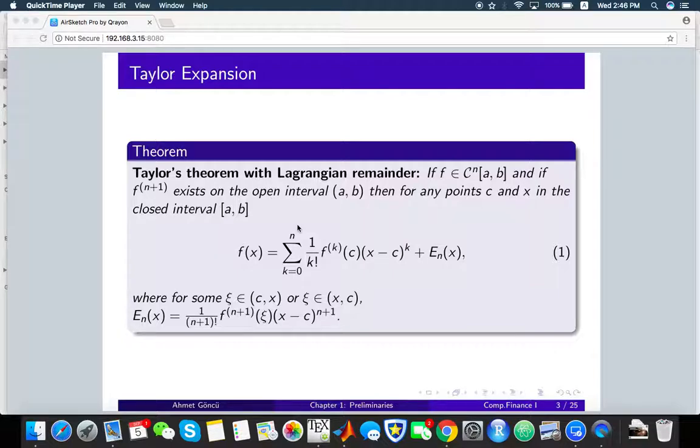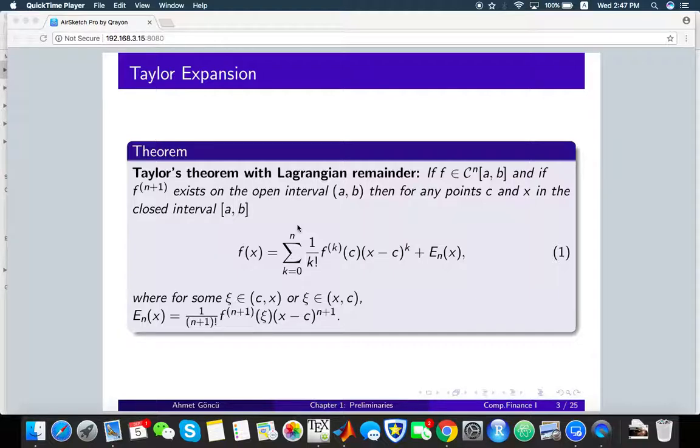Here's Taylor's theorem with Lagrangian remainder. Notice that here we have a function f, which is continuously n times differentiable on the interval a to b. And if the n plus 1th derivative of this function also exists on the interval a to b, then for any point c and x in the closed interval [a, b], we can represent our function f of x in terms of this summation with n plus 1 terms, plus the remainder denoted by E sub n.